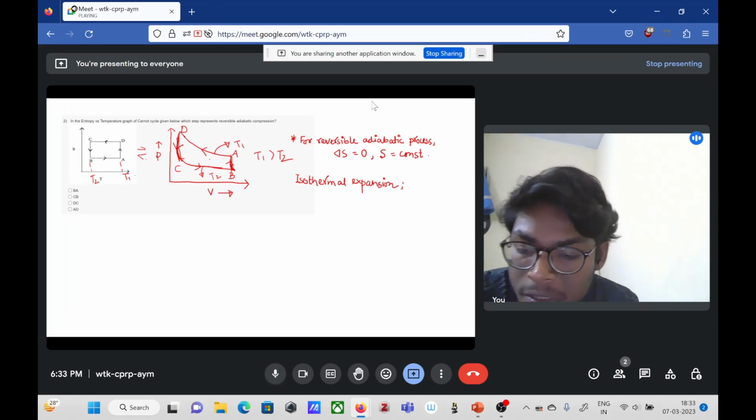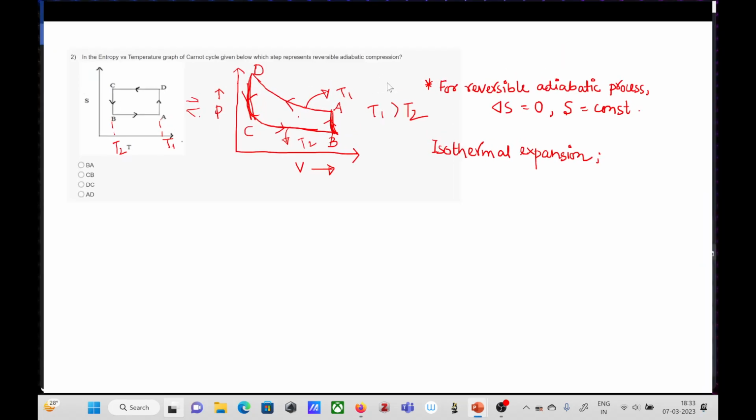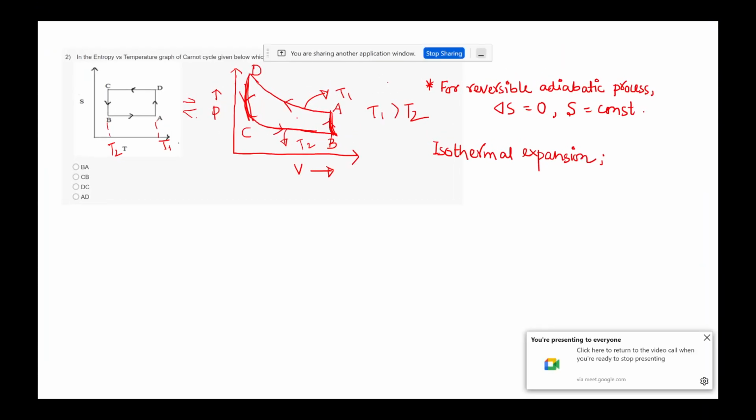Reversible adiabatic compression. Compression means the volume decreases.